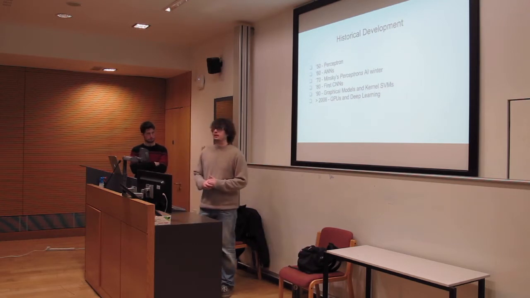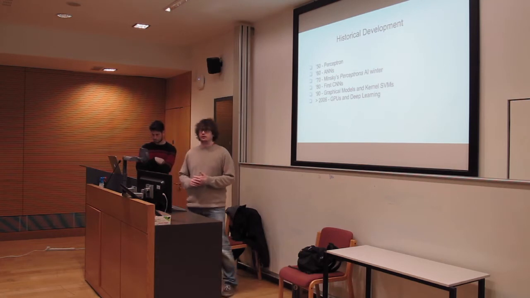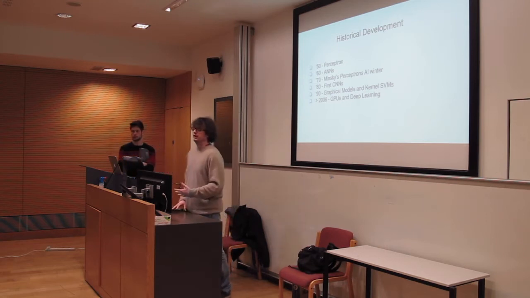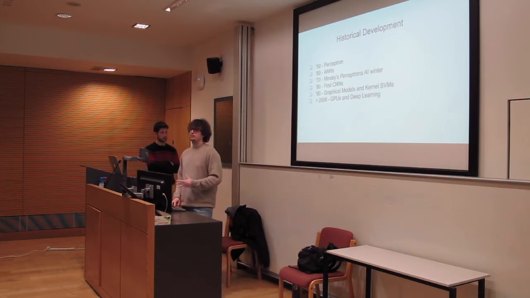So historically, the beginning of the field of neural networks is in the 50s, when Rosenblatt proposed a model of a biological neuron in your brain, and he called this very simple mathematical model the perceptron.